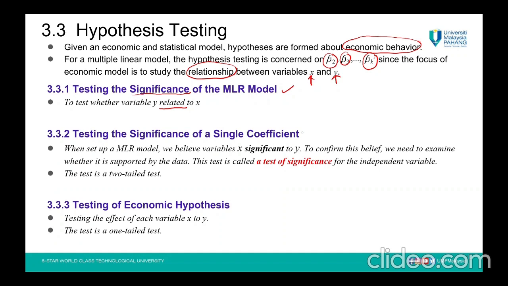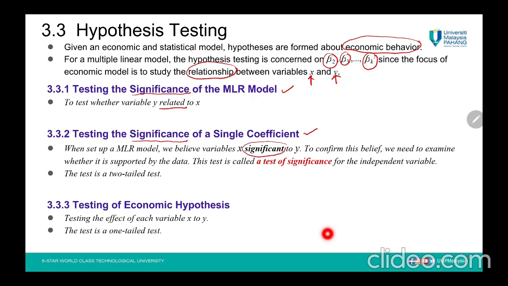The second type is testing the significance of a single coefficient. In this part, when we set up a multiple linear regression model, we believe variable x is significant to y.